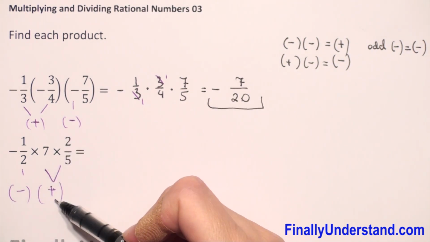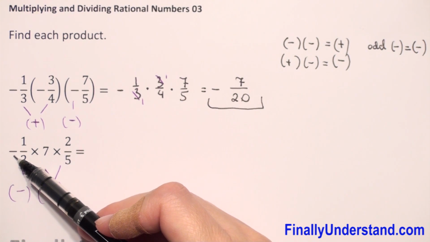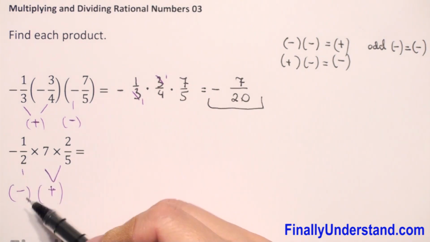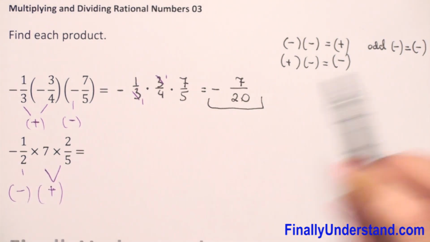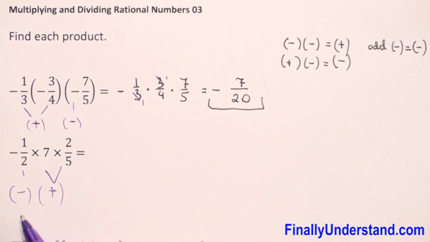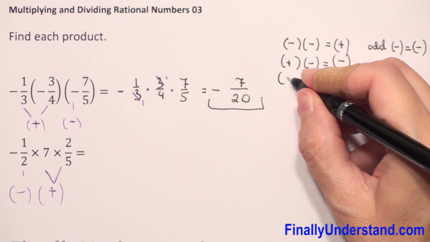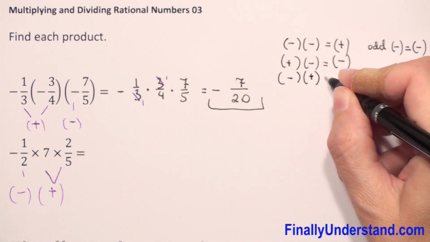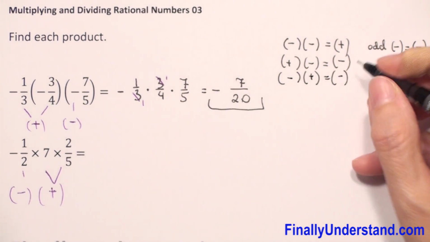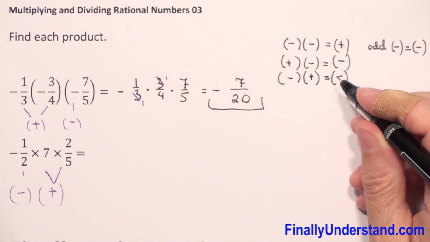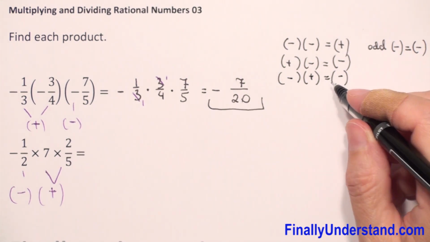Positive times positive, positive. And we have negative sign before the first number. So we have negative times positive. Negative times positive or positive times negative, the answer is always negative. It's the same rule like for integers.